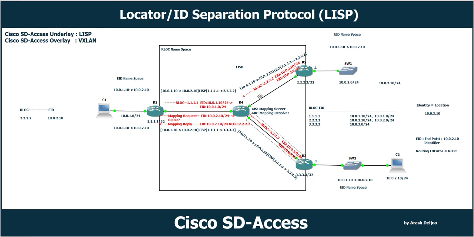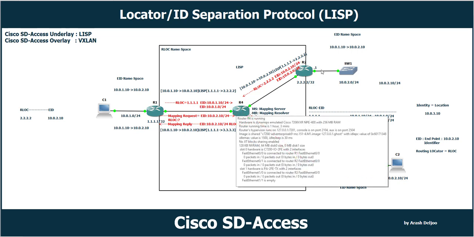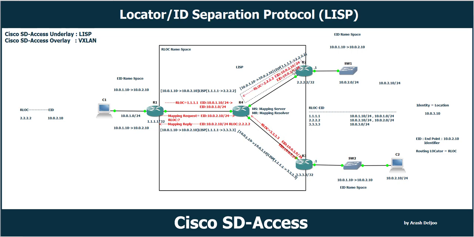Because of that, here we have some functions, maybe the mapping server or mapping resolver asks router 2, but I'm not going to explain them. For now, let me remove this information from here. Router 4 will modify its table. Now 10.0.2.10 is reachable from the new routing locator.